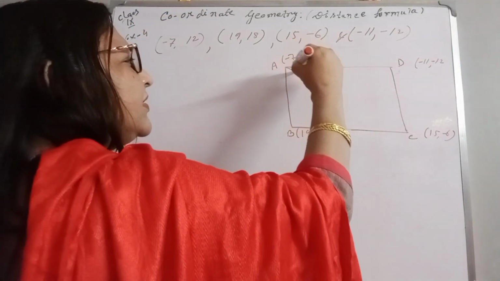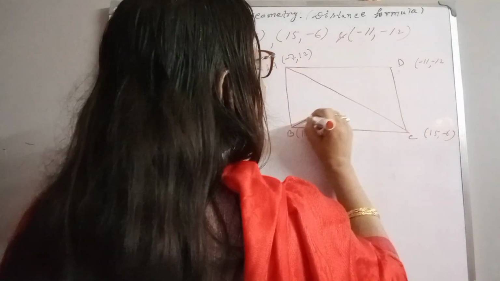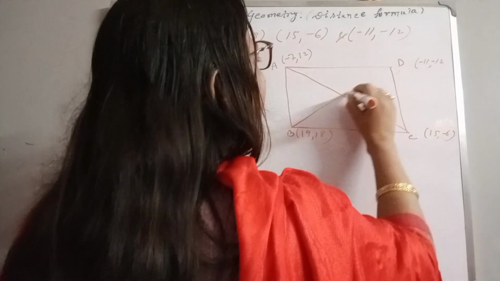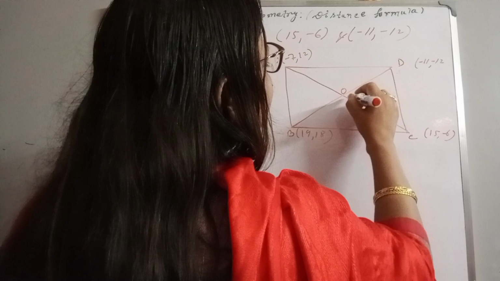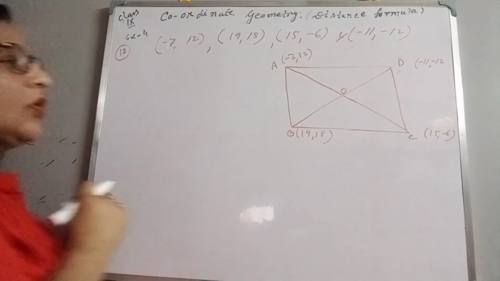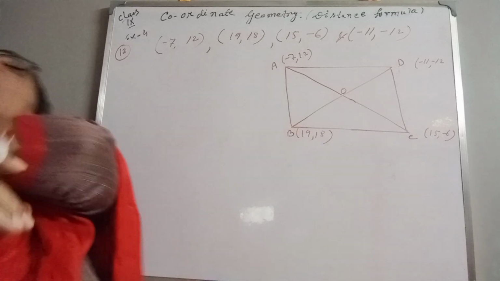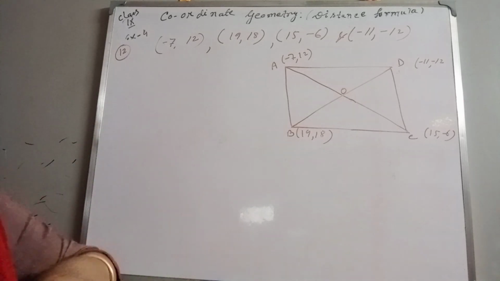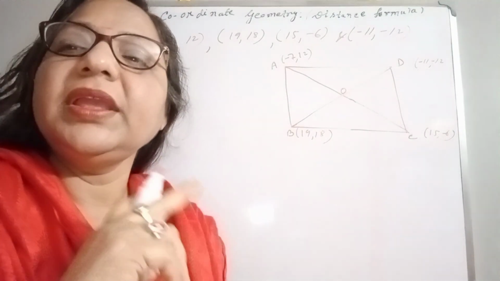Now, when it is a parallelogram, one property is there. What is the property of a parallelogram? A parallelogram means opposite sides are parallel and equal.